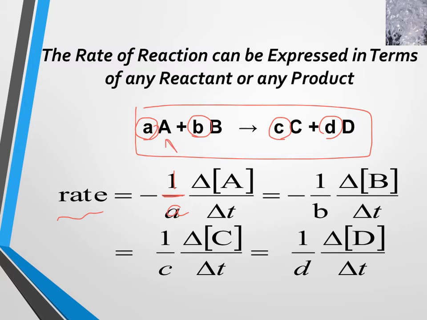So for the rate with respect to A, it's 1 over its coefficient. Make sure you have a minus sign if there are reactants you're talking about, and an understood plus sign if it's products you're talking about. So this is important, okay? It's probably the first really important concept to get.